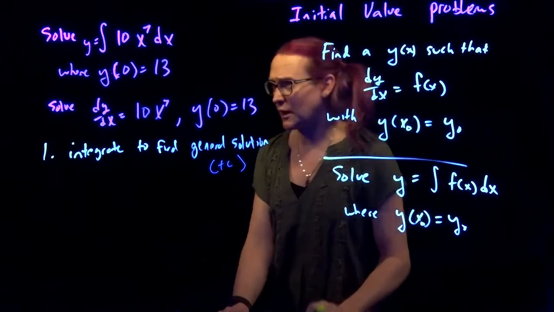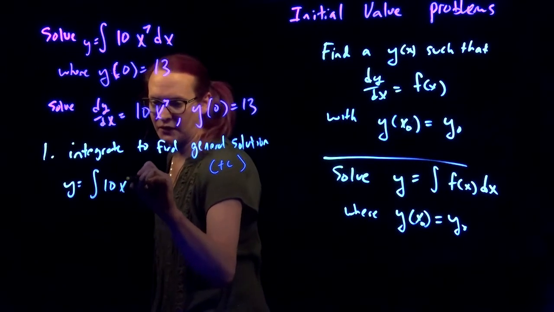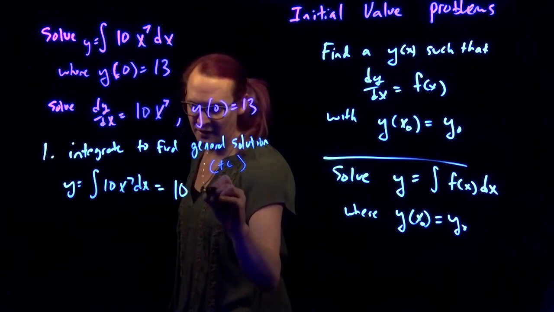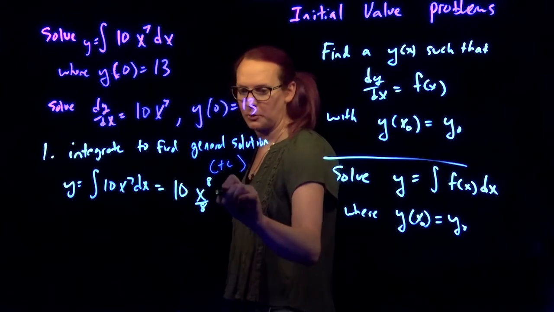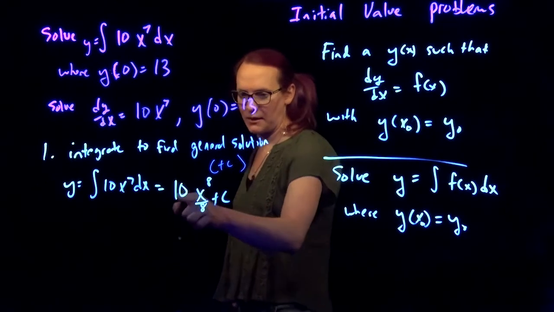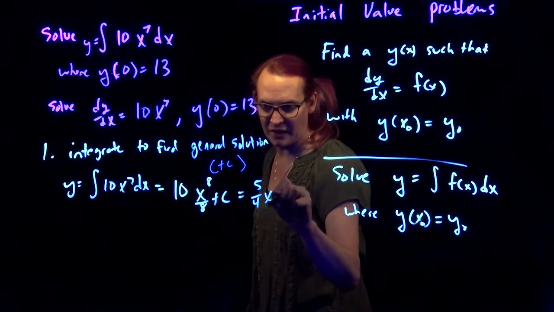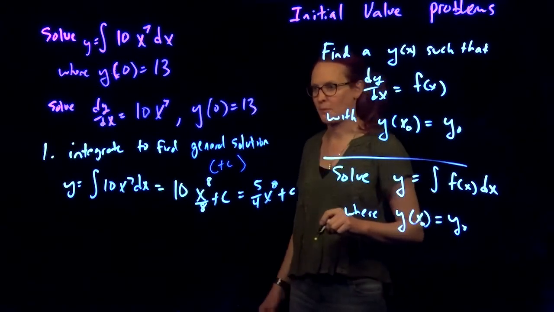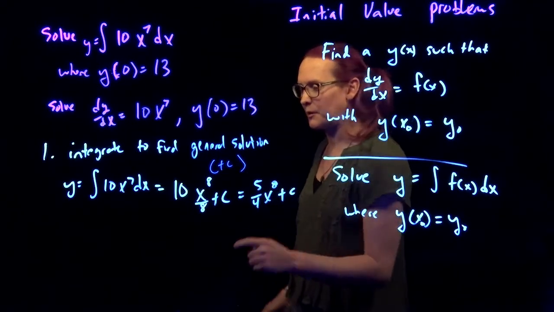So we're going to integrate y equals the integral of 10x to the 7 dx is equal to 10x to the 8 over 8 plus c. Here's that plus c. And then I'm going to simplify this. That's equal to 5/4 x to the 8 plus c.